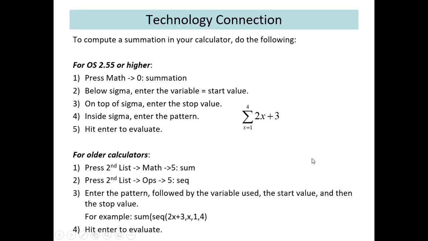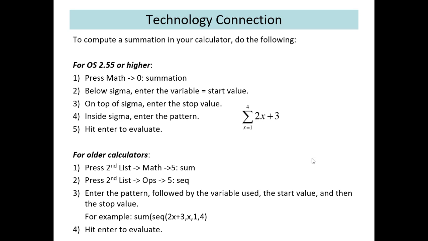Now, I'm not going to go into a lot of detail here, but the summation function is available on your calculators, on your TI-84s and TI-83s. It's under the math functions. Under summation, you can look for the correct function.